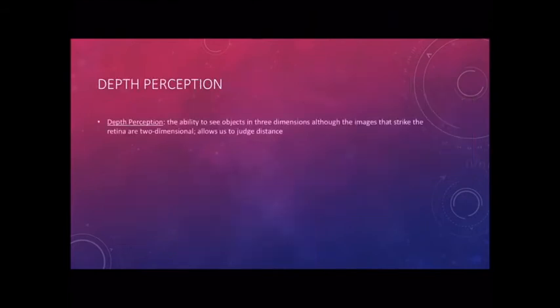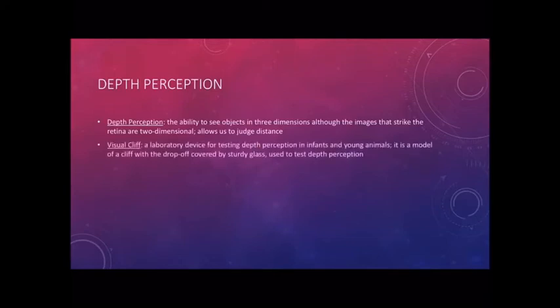Okay. Depth perception has to do with being able to tell how far away or how close an object is to you. And we would use these studies called visual cliff studies, where we would actually put infant children or very small animals onto a glass table, or onto a table with a piece of see-through glass beyond it.